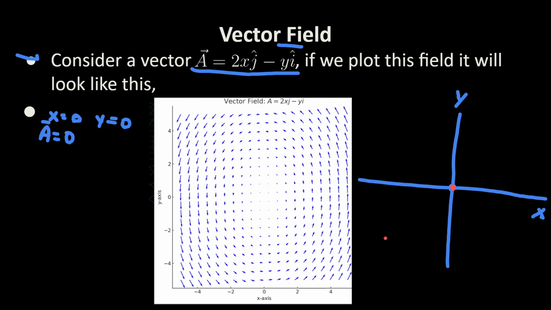Now let us consider a point where x is equal to 1 and y is equal to 0. Putting this in, it becomes A equal to 2 i cap. We say that this is 1, this is 2, this is 3, and so forth.